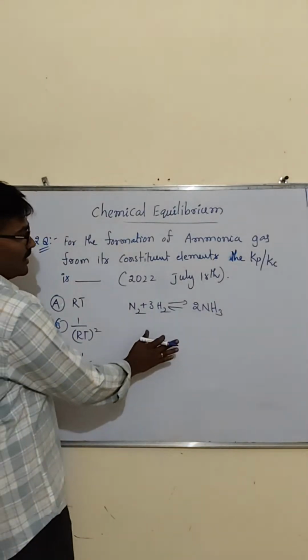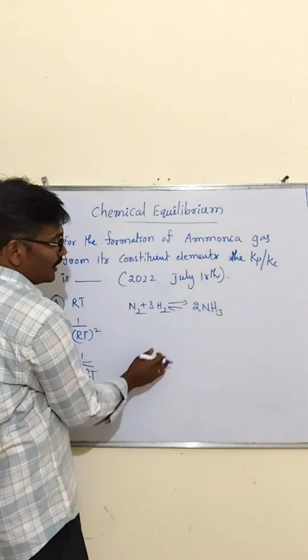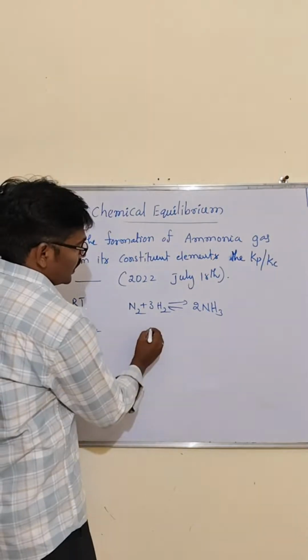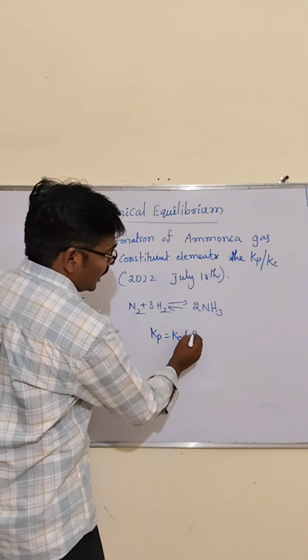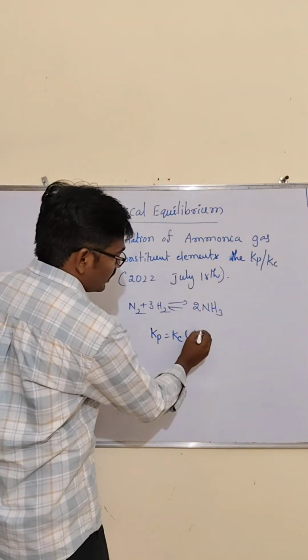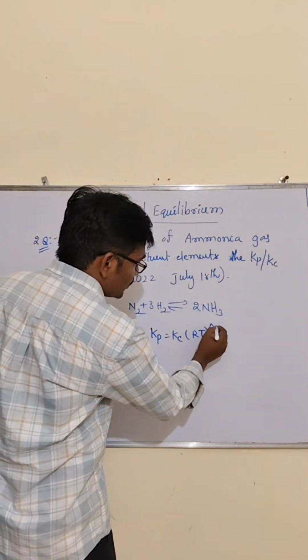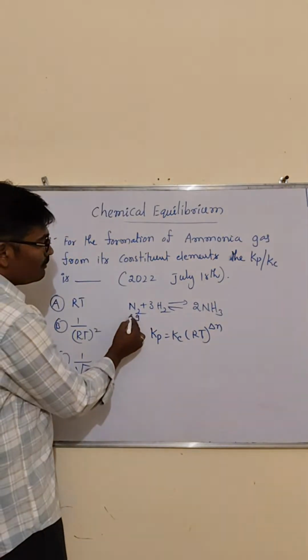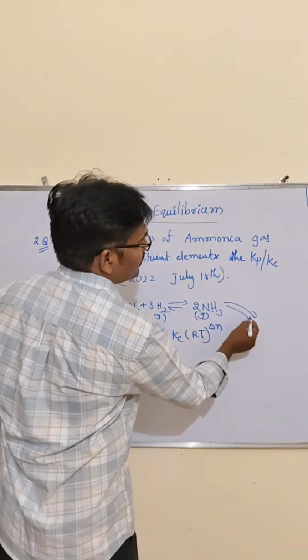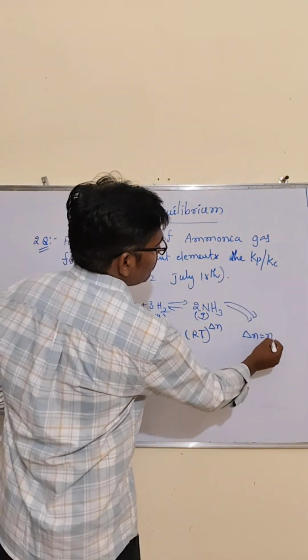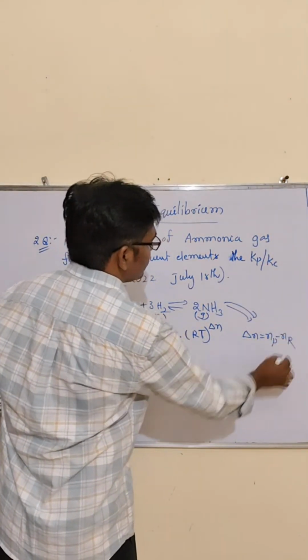So the relation between Kp and Kc, how to note it? Kp equals Kc into RT power delta n. What is the delta n value for this equation? Delta n equals number of moles of products minus number of moles of reactants.